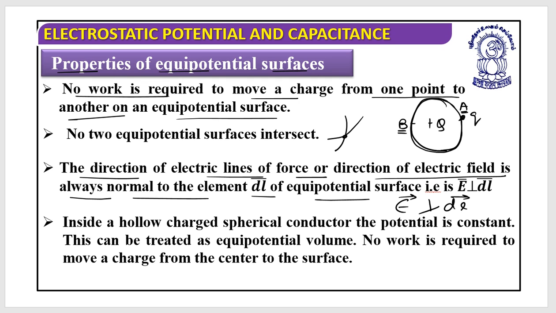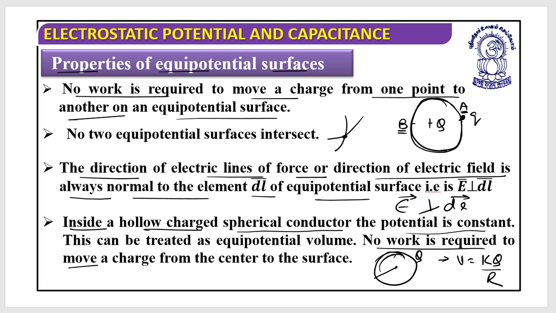Next, inside a hollow charged spherical conductor the potential is constant. That I know. Let's say this is the surface of a hollow spherical conductor having a charge q. Then from the center to the surface, its potential is kq by r. As it is an equipotential surface, no work is required to move a charge from the center to the surface.